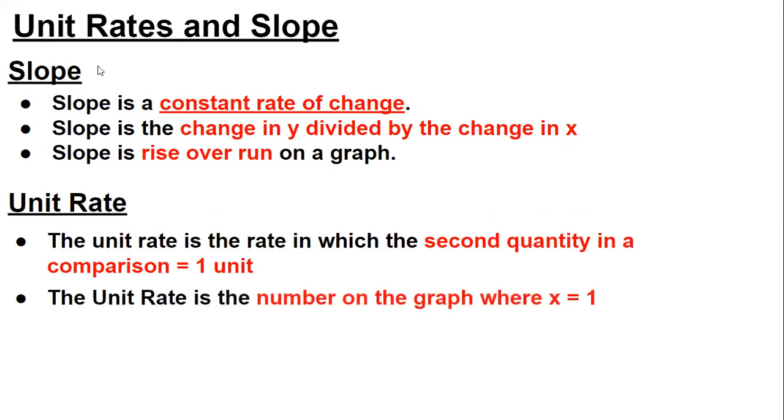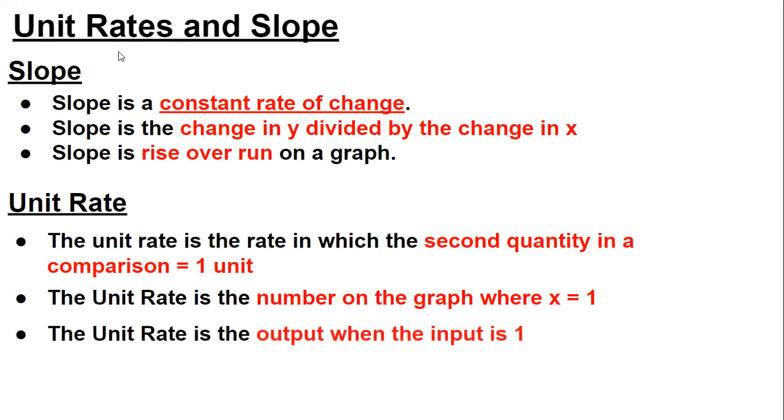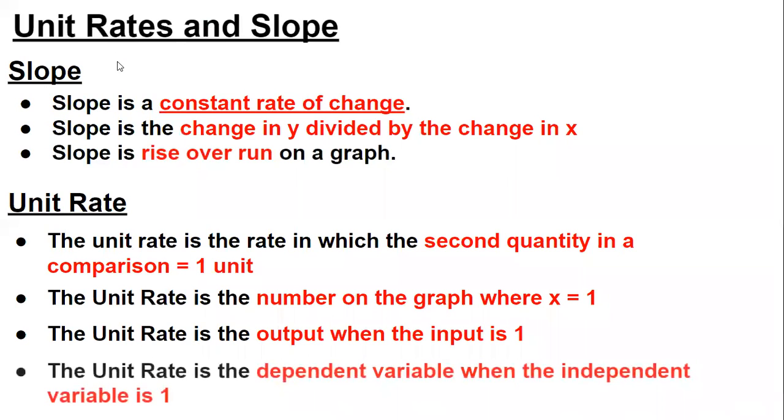The unit rate is the number on the graph where x is going to equal 1. The unit rate is the output when the input is 1. So it's the y value when the input x is at 1. The unit rate is the dependent variable when the independent variable is 1. Again, independent variable is x, dependent variable is y. This would be good to go back through and review so you make sure you understand this.